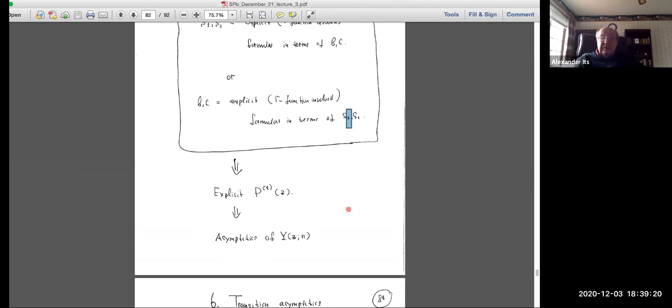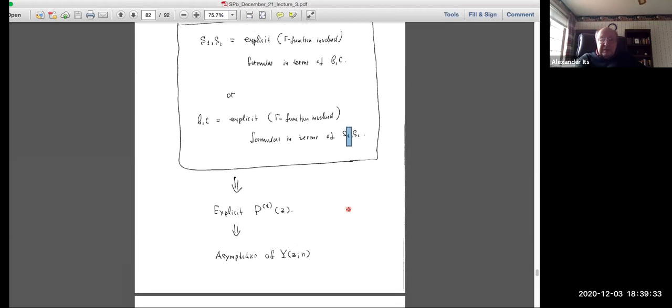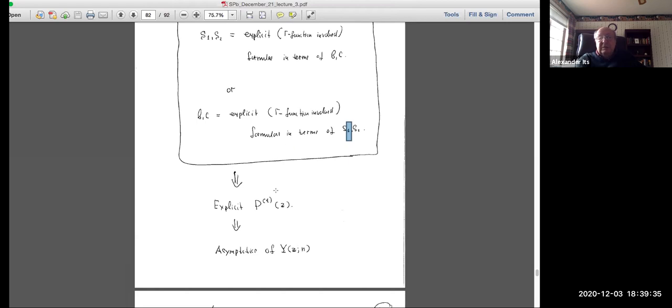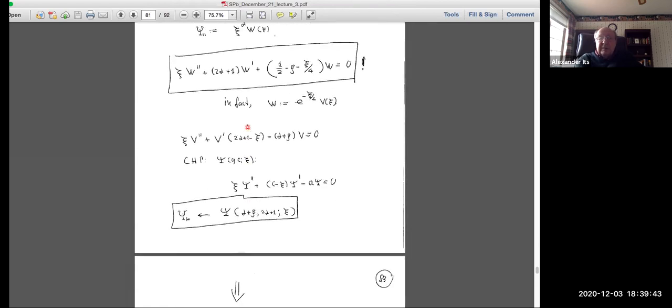So, as I said, although it is very technical, every step in this is conceptual. I just skipped steps which are not conceptual. When I see that I can solve this by contour integrals, this is a conceptual step.